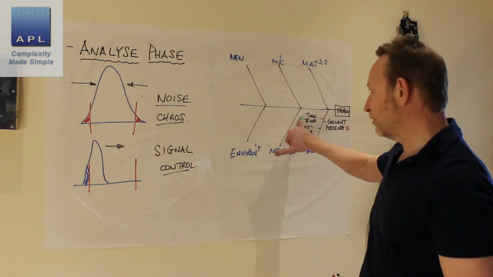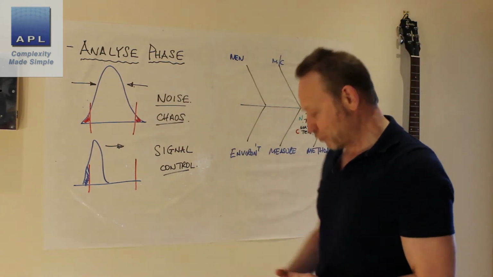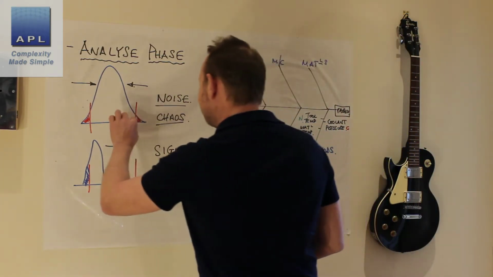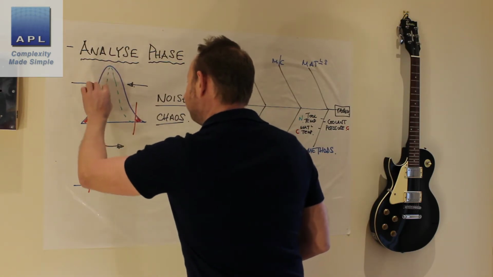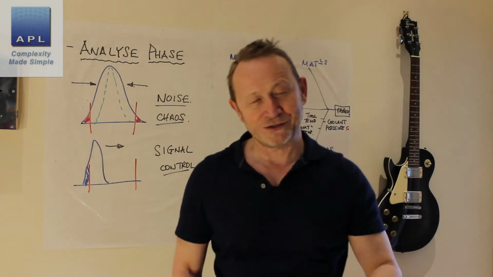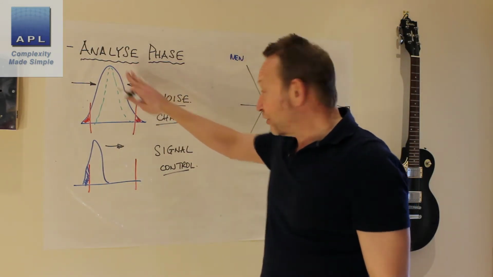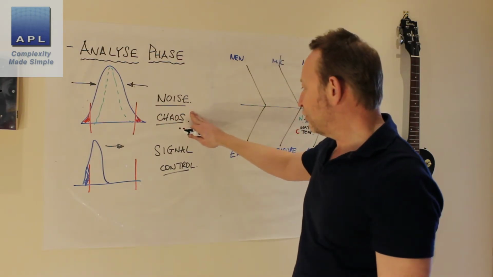And where you have noise, you remove it, and if you remove noise, what will it do? It'll change the capability, it'll pull those tails in, and it'll fix your problem. That's the analyze phase when what you have is noise.